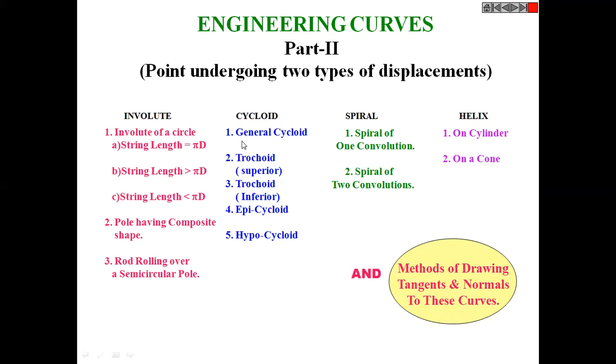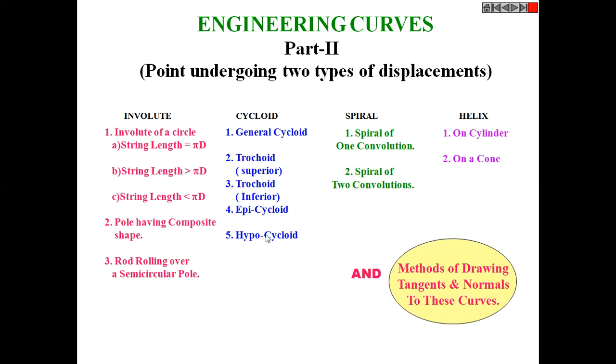Cycloid, here there are a number of types for the cycloid: general cycloid, trochoid, epicycloid, hypocycloid. In our syllabus we have only the general cycloid. Next, the spiral of one convolution and two convolutions, then helix on a cylinder and helix on a cone.